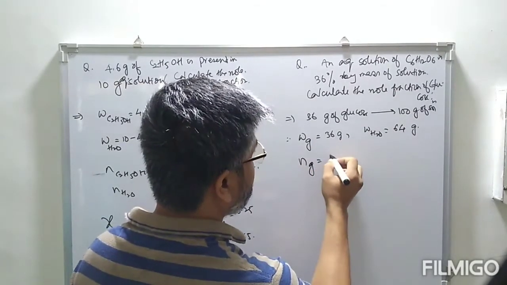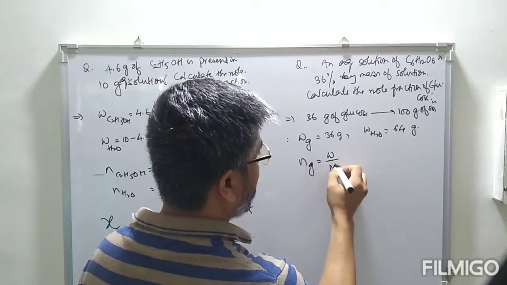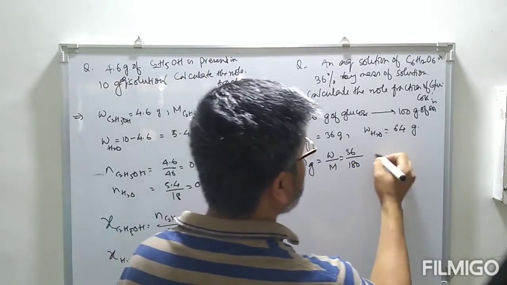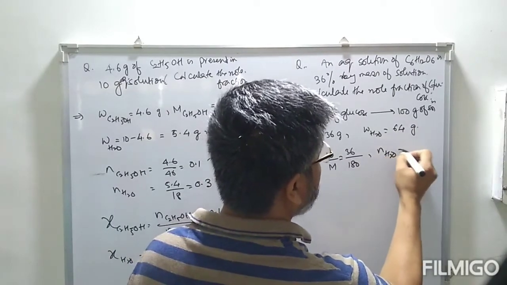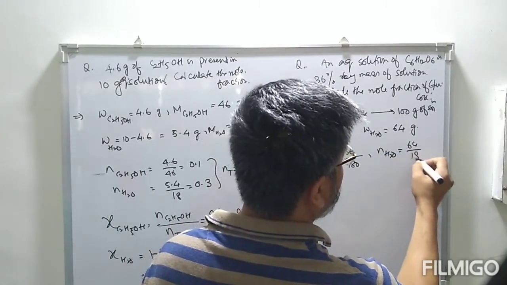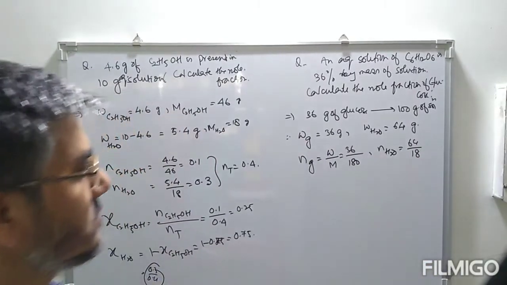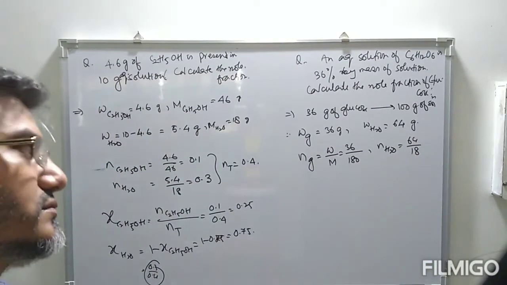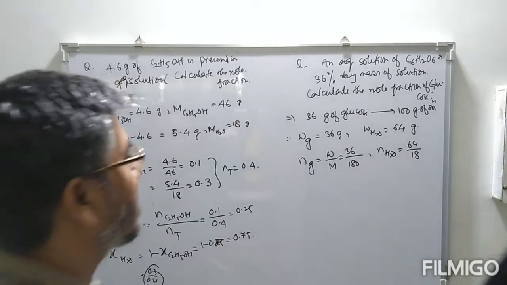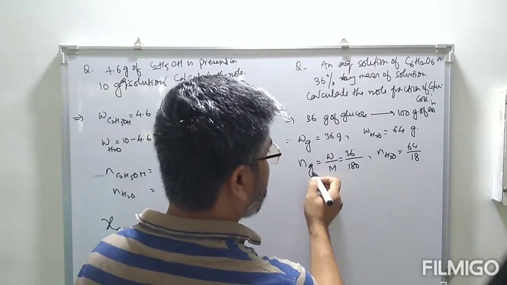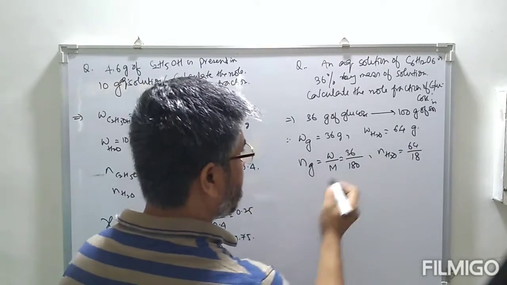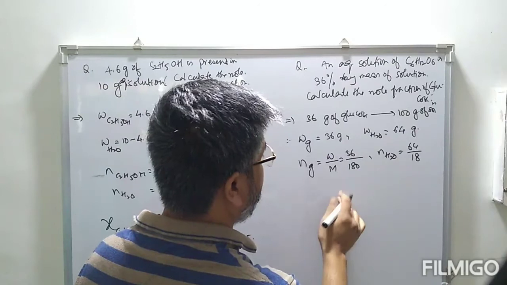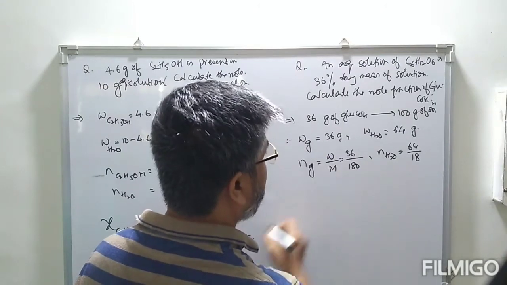Number of moles of glucose, mass divided by molar mass. Mass is 36, molar mass is 180. Number of moles of water, 64 by 18. So we have this number of moles of glucose, we have number of moles of water.